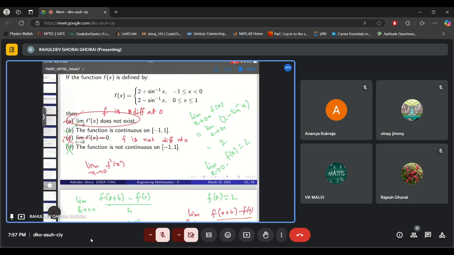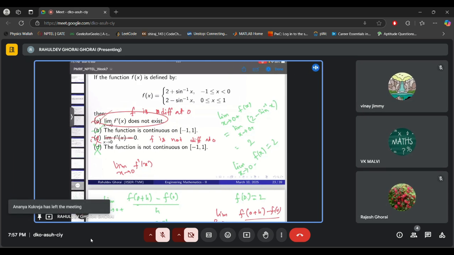If it is not differentiable, then you cannot talk about f prime x. So here what you see, f prime x at 0, you cannot talk about that, right? So the limit as x extends to 0 of f prime x, even that you cannot talk about. So better to first of all deal with whether it is differentiable, then you talk about f prime x, the limit of x tends to 0 of f prime x, whether that exists or not.